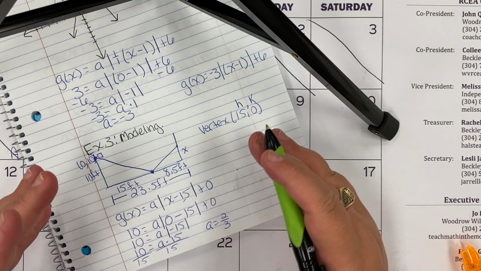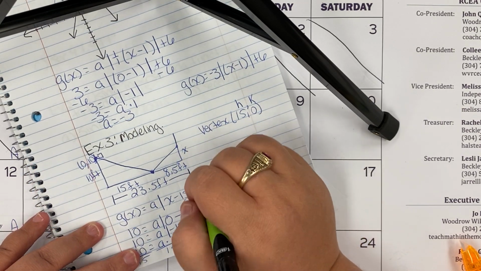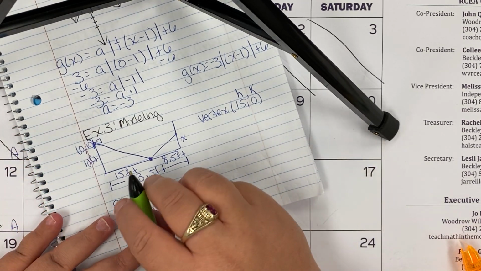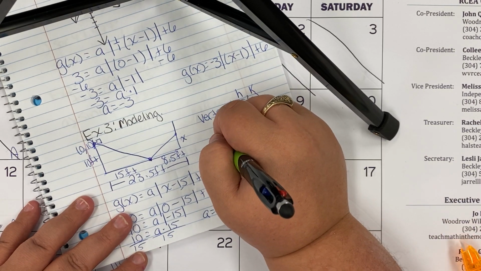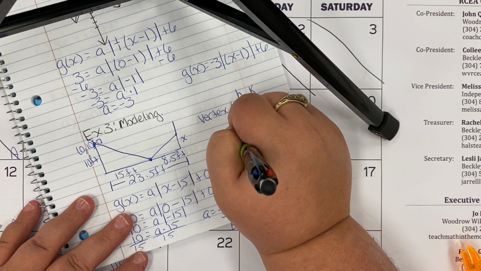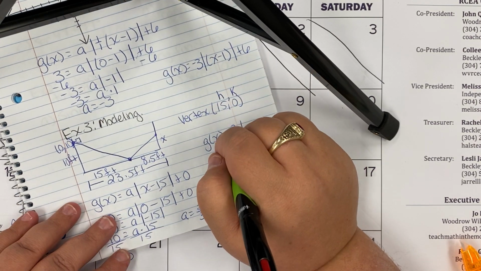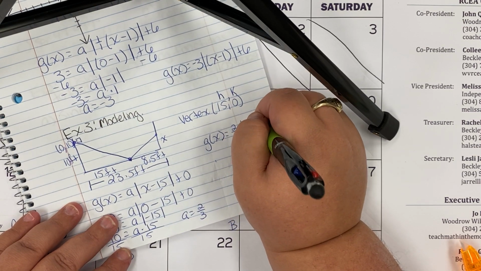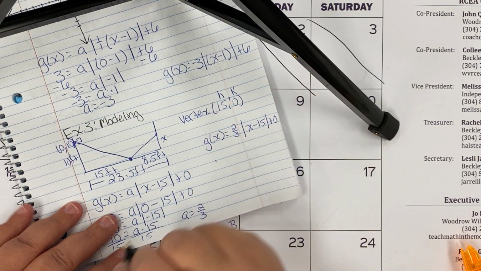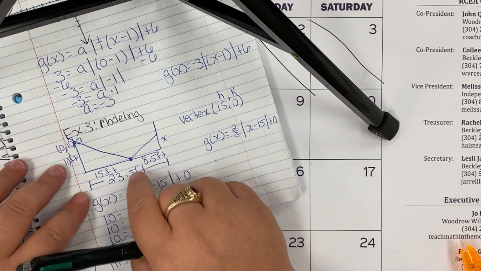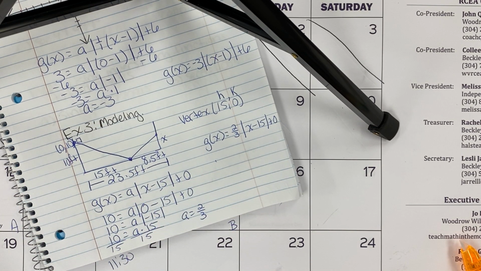So then our formula, we use that point to find everything missing from our formula. We're now going to say that my formula for this graph is g of x equals 2/3 times the absolute value of x minus 15 plus 0, which you don't even need to write the plus 0. And then what our original question was, is how high off the floor on the opposite wall does the light hit if the other wall is 8.5 feet from the mirror?